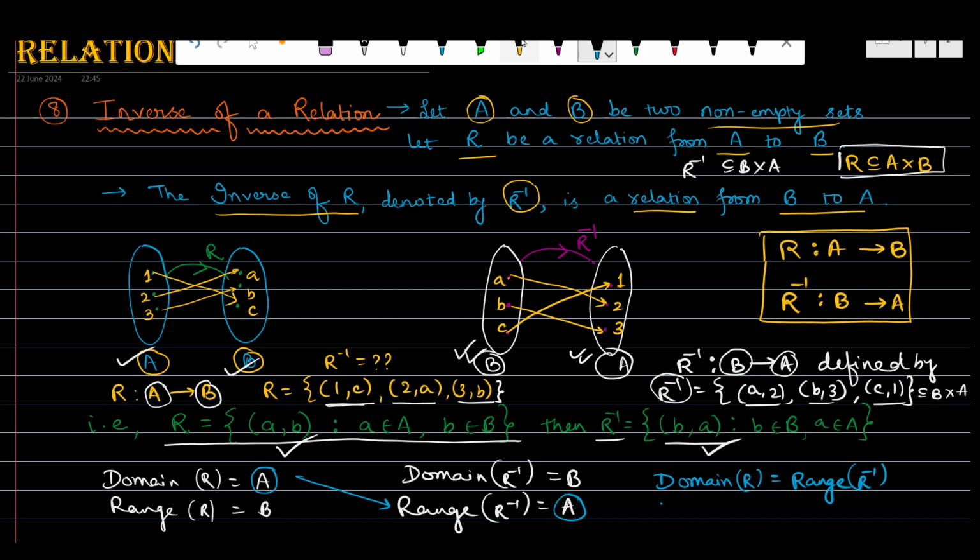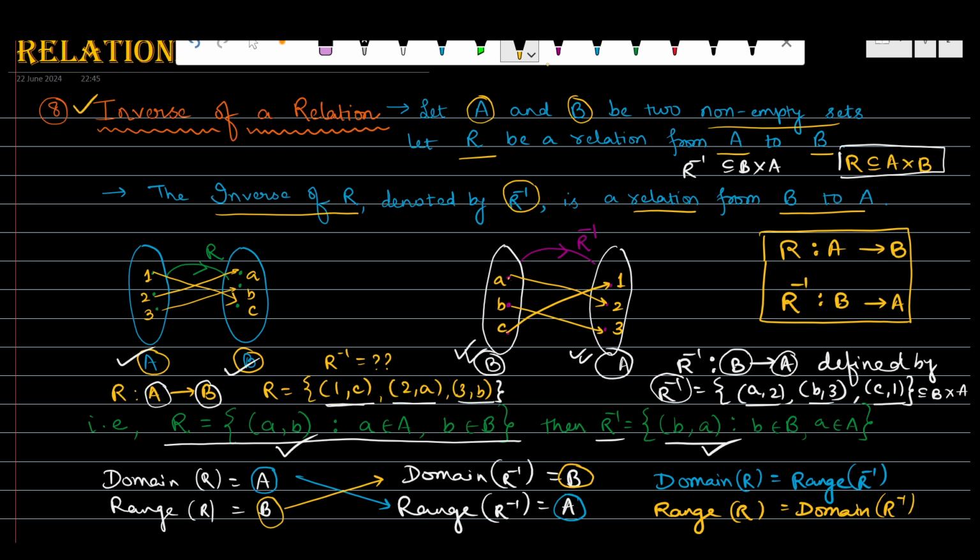Similarly, you can also see that the range of R is equal to domain of R inverse, which is equal to set B. So the range of R is equal to domain of R inverse.